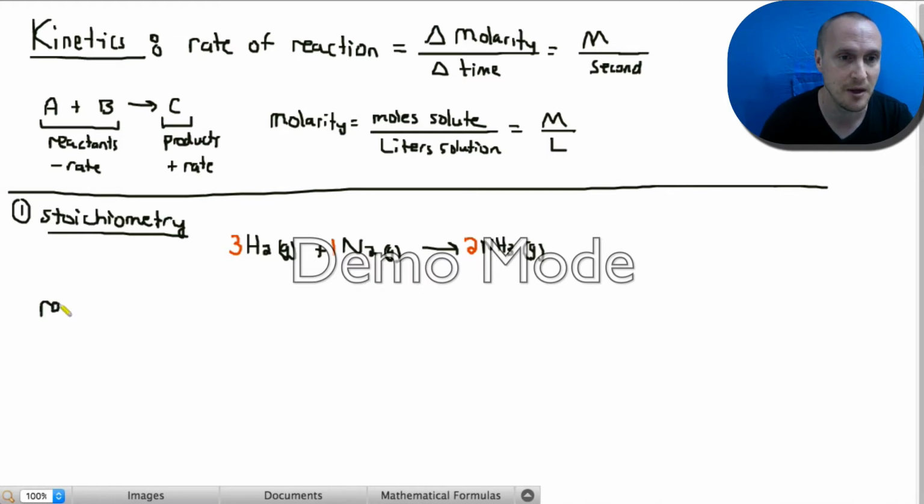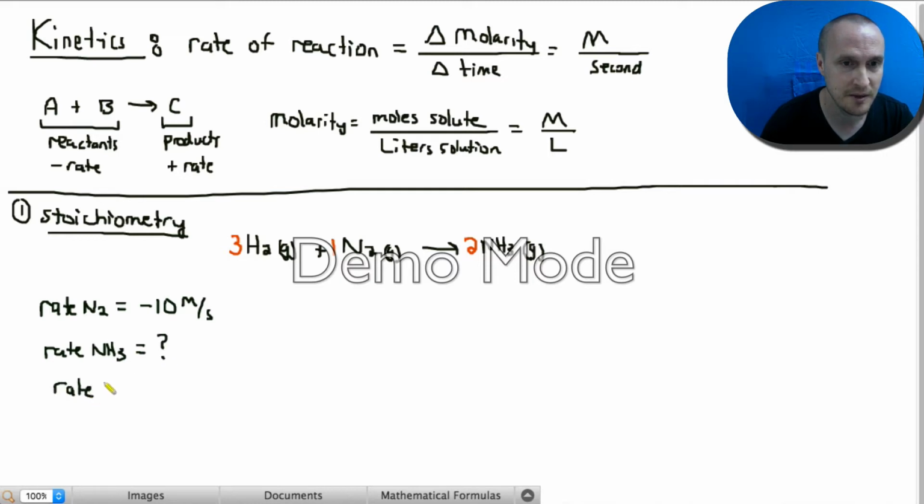For example, what if I gave you the rate of N2 is equal to -10 molar per second? So that is how fast N2 is disappearing over the course of the reaction. How can we determine the rate of formation of NH3, and how do we find the rate of disappearance of H2 from that information?